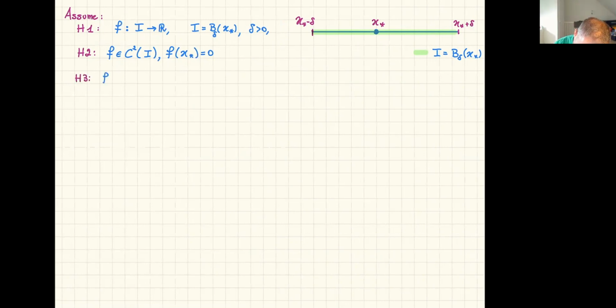This now says that the absolute value of f double prime of x divided by f prime of y be less than or equal to a for all x and y in the interval I that we have. And I think in here it's assumed that a is a positive quantity.